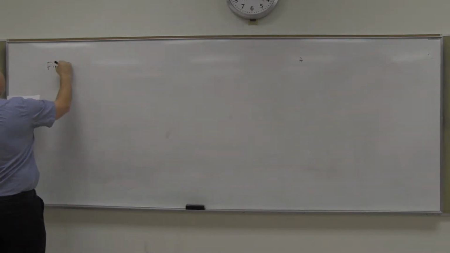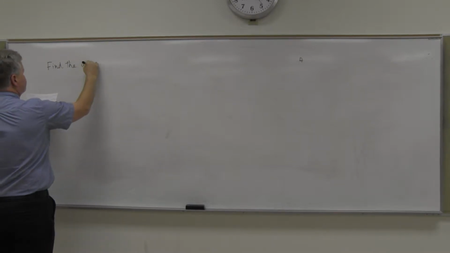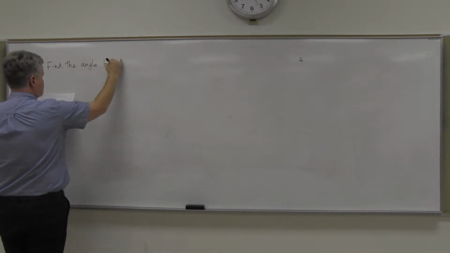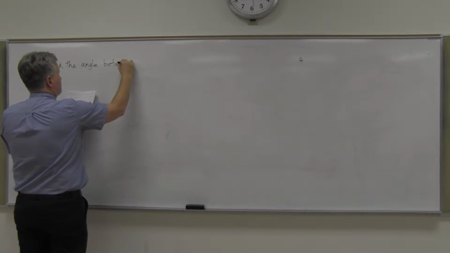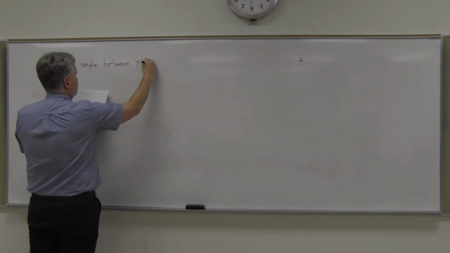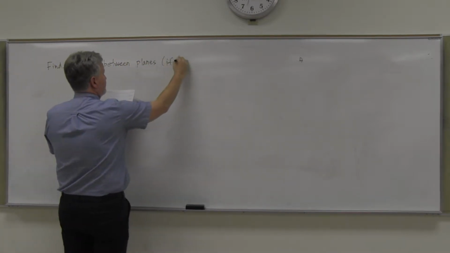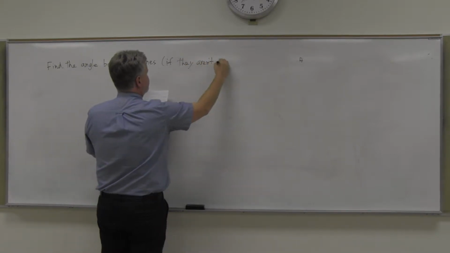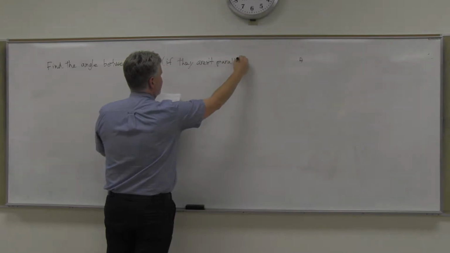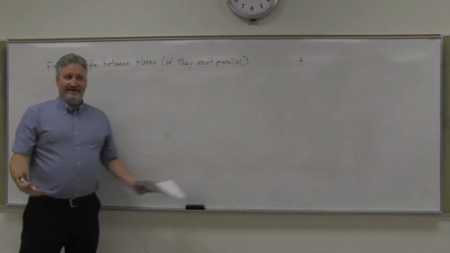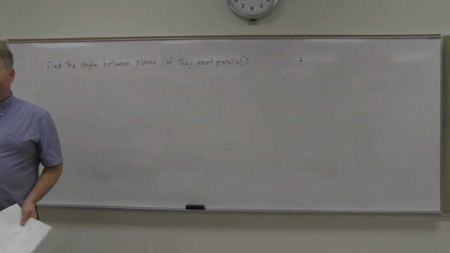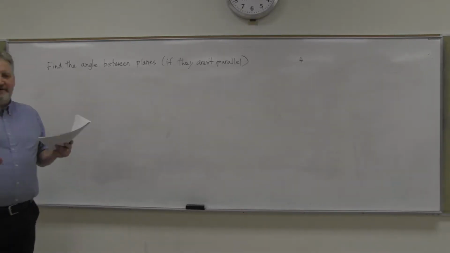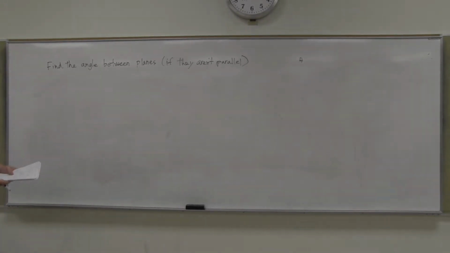So find the angle between planes if they aren't parallel. Right? That's kind of like parallel lines. They can either be parallel or they can intersect. Same thing with planes. Parallel or intersecting.